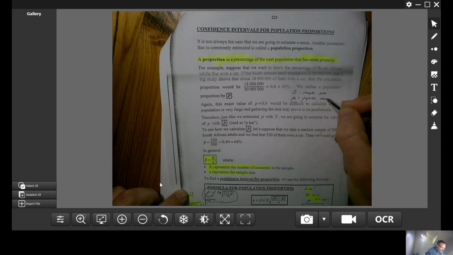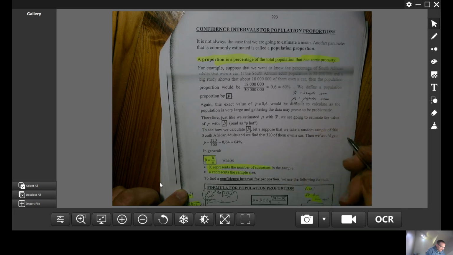What we're going to do now is talk about the equivalent for a population proportion, so the proportion of people that have a certain characteristic, and we're going to just call that P. P is equal to the population proportion, and the sample proportion we're going to call P hat.